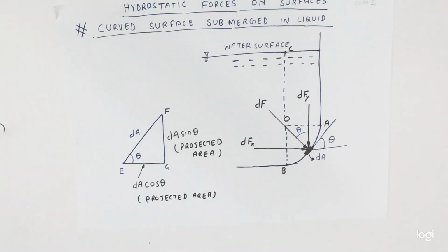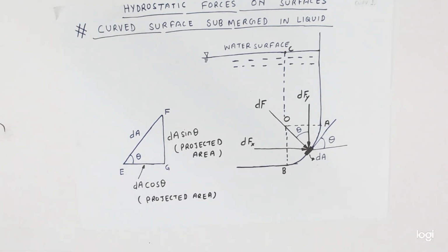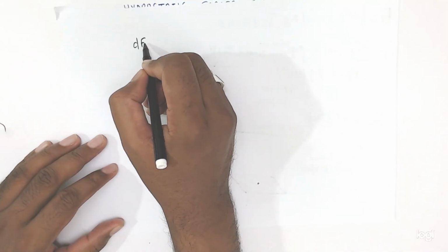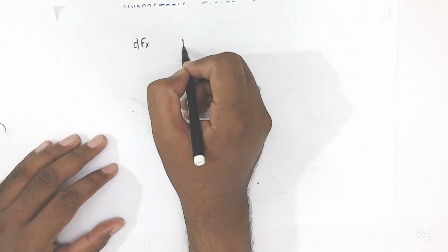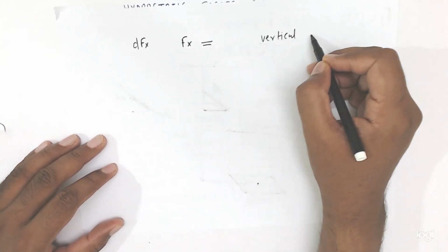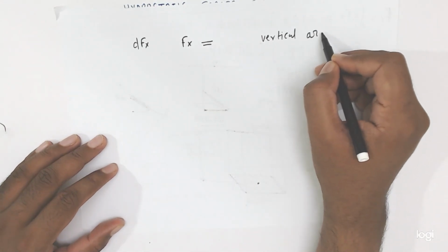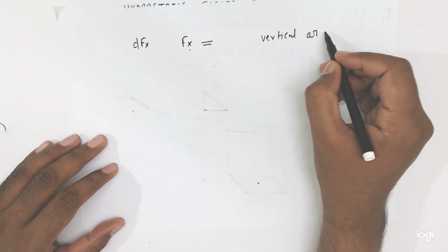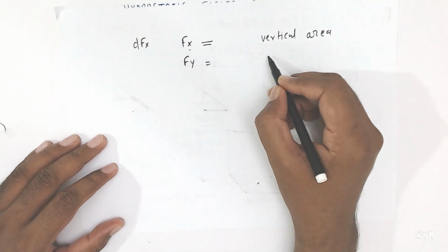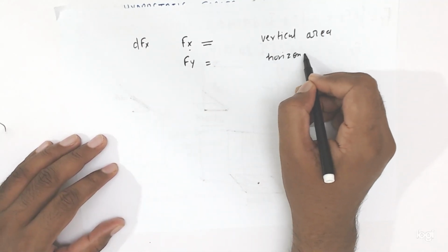Now friends, one more important point is there. I already explained friends, important point क्या है friends, जो horizontal force dFx है, और we can say Fx है, it is working on the vertical area. Okay friends, horizontal force working on the vertical area and vertical force working on the horizontal area.